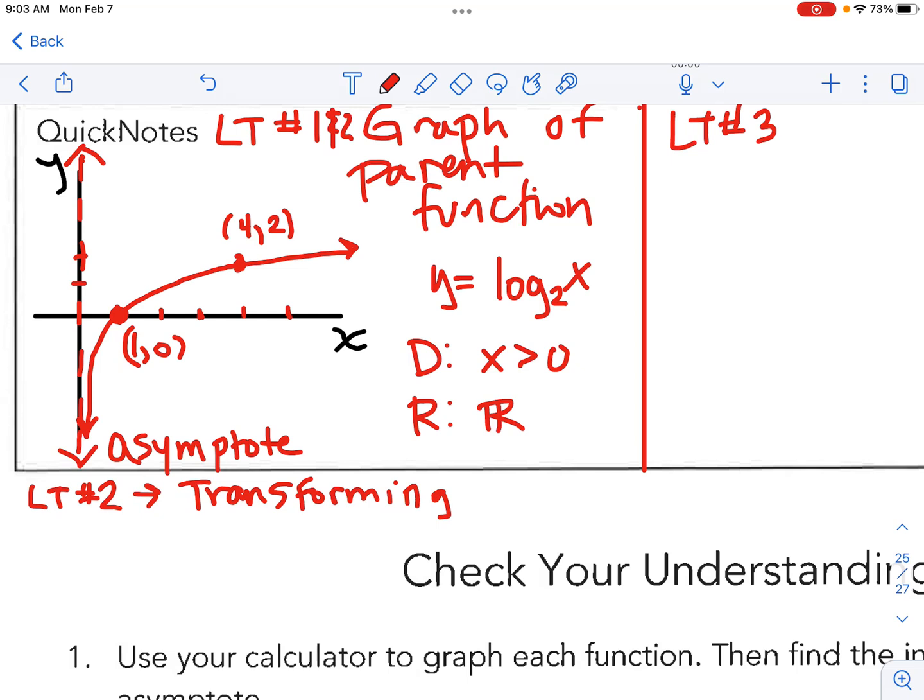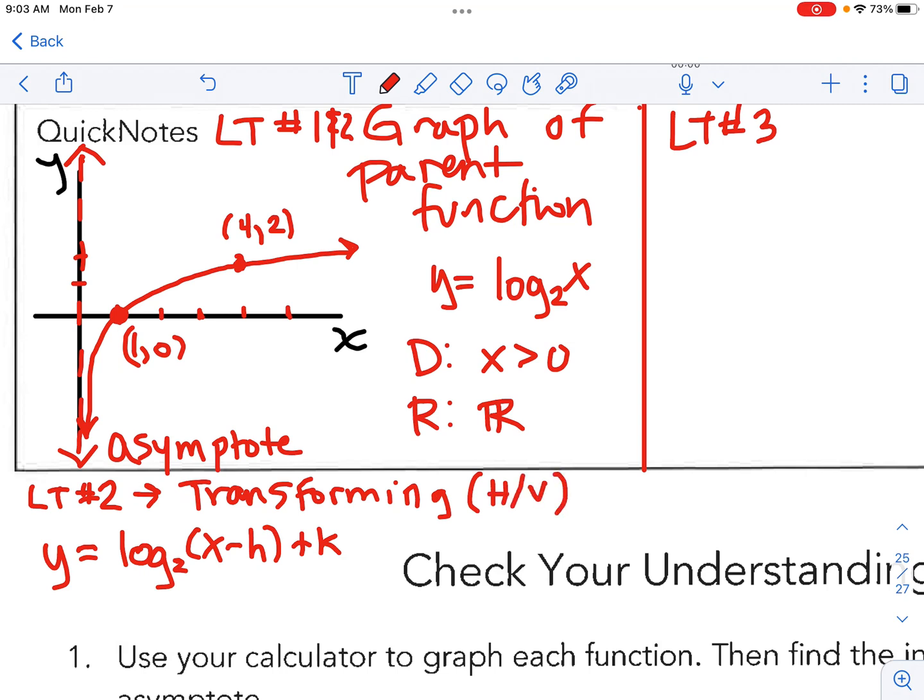So if we want to do a transformation, I'm just going to stick with base 2. We are going to put the similar transformational information in. So we would have x minus h plus k.